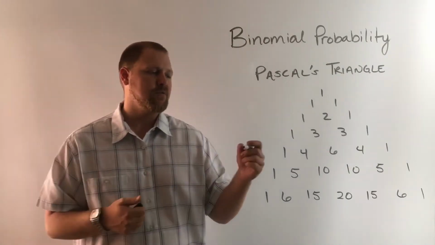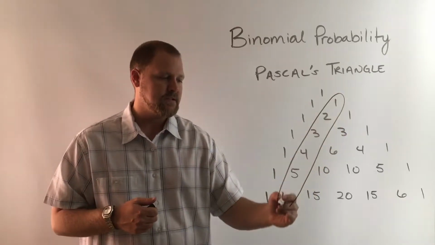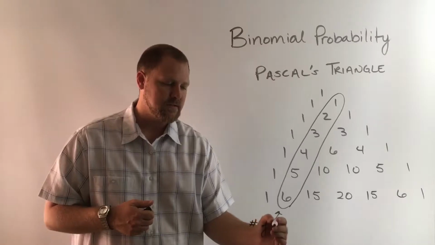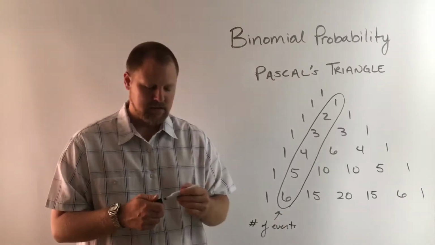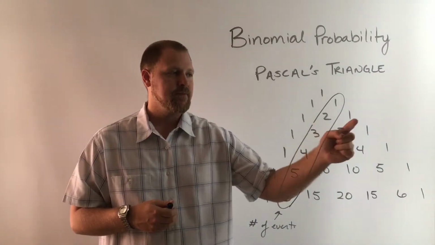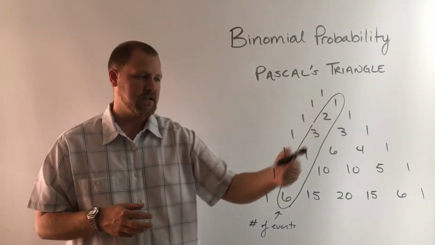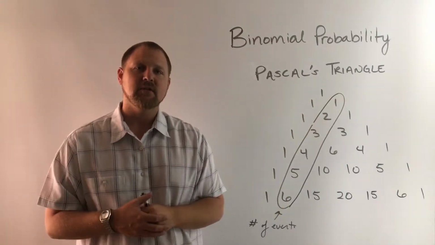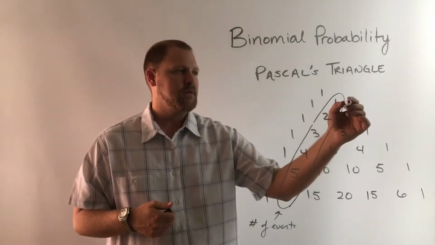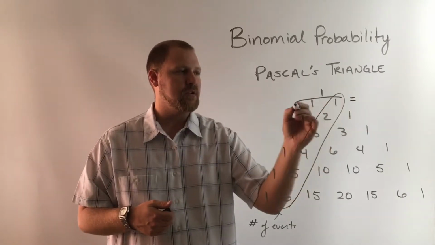First thing that you want to do is identify the number of events. This row right here identifies the number of events. So if you're taking 2 shots, you're going to use this row of Pascal's Triangle because here's where the number 2 is in this diagonal of the triangle. And then the total number of outcomes is the total of each row.